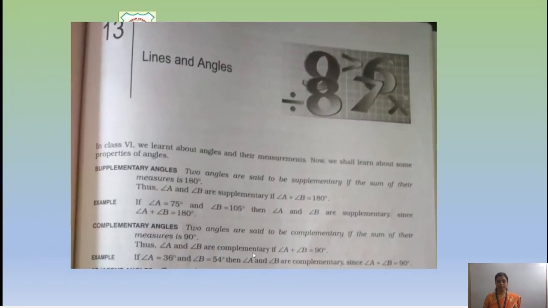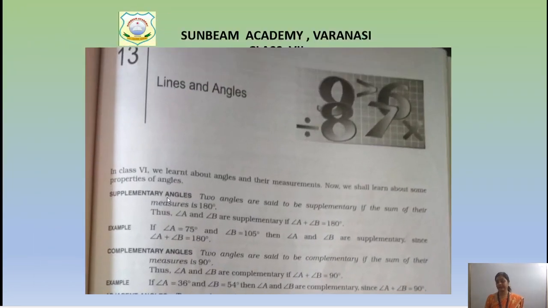Now you have to write these definitions. This is your book picture, children. You have to write the examples of supplementary angle, complementary angle, and after that linear pair and vertically opposite angles. See the first one, supplementary angles.